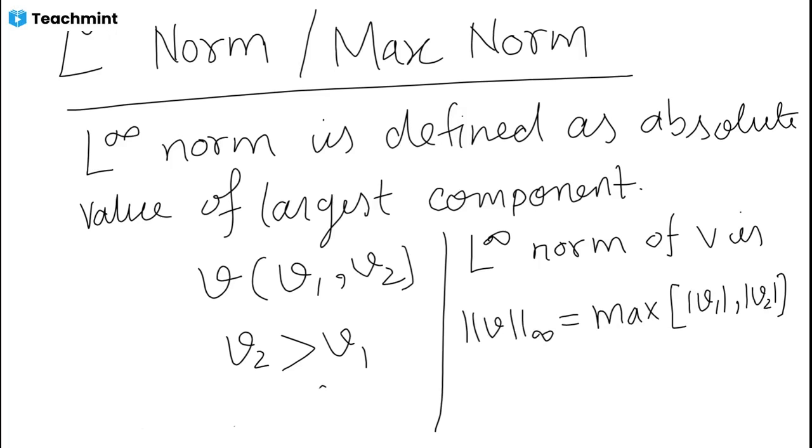So obviously here v2 is greater than v1, so the max norm is equal to the absolute value of v2 in this case. Are you getting this point?